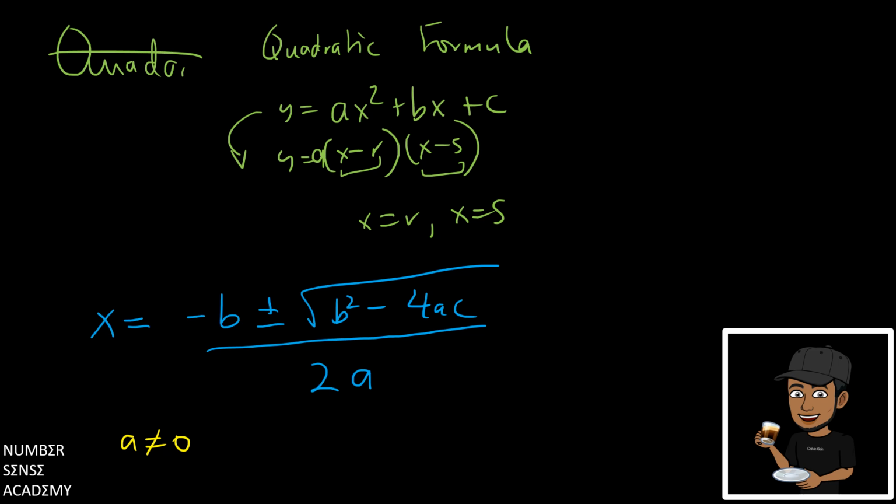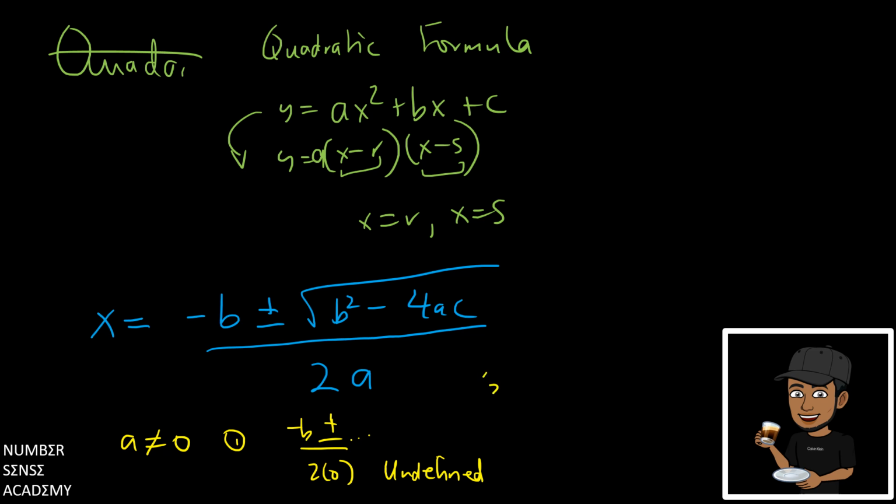If a equals 0, there's two things. First, we're going to be dividing by 2 times 0. So everything up top is divided by 0. And when you divide by 0, it is undefined. You can take 0 and divide by something to get 0, but anything divided by 0 is undefined.